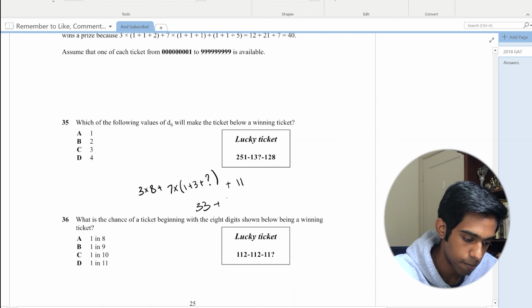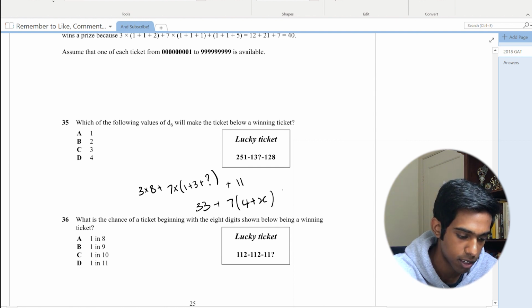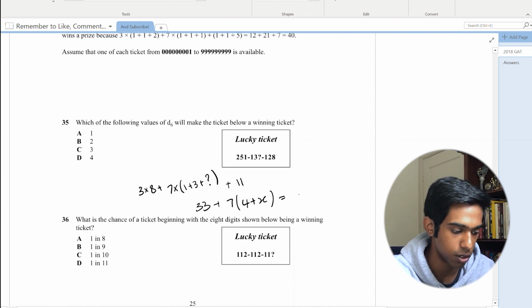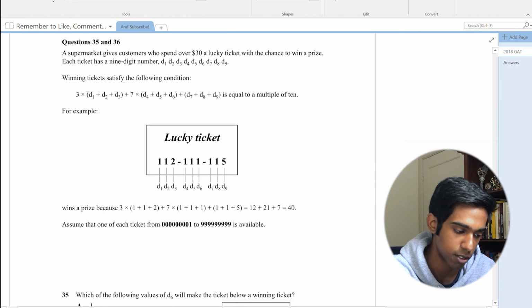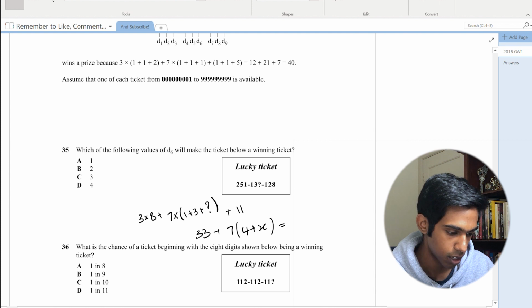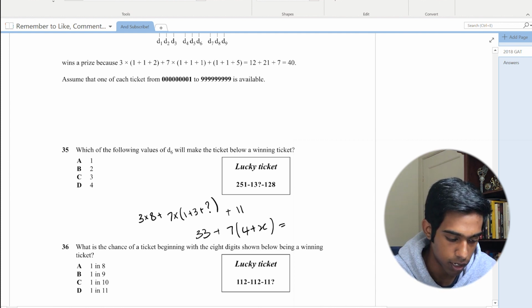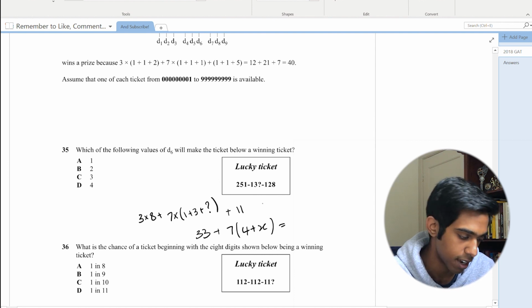Then we know that we've got plus 7 times (4 plus, let's just call the number x if we really want to do it), and this has to equal something ending in 0. So there are 2 ways we can do it. We can either just sub in these numbers. That might be the best way to do it, because if you put in 1, you get 7 times 5, which is 35, and then 35 plus 33 is not going to equal a multiple of 10. If we put in 2, we get 6, then 7 times 6 is 42, not going to work.